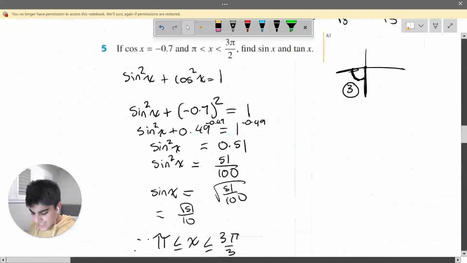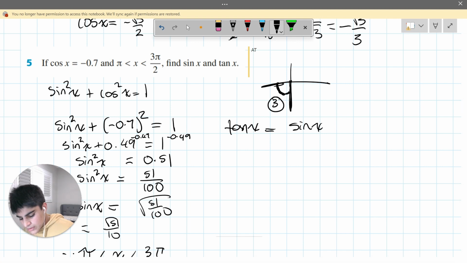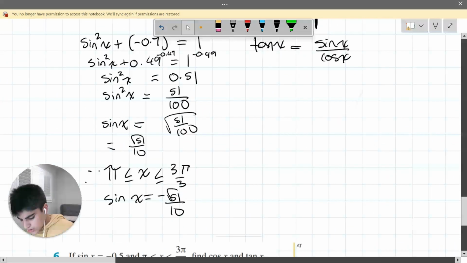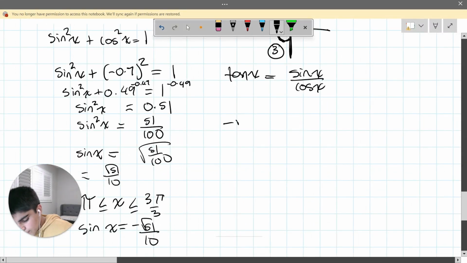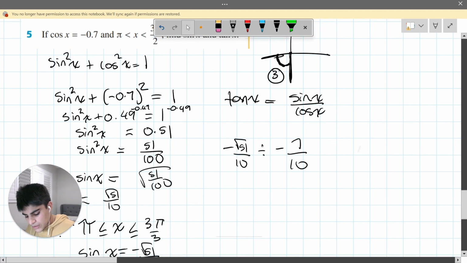Now let's find tan x. Tan x, again, is derived by dividing sine x by cos x. So sine x, which is negative root 51 on 10, divided by cosine x, which is negative 0.7, which is negative 7 over 10.